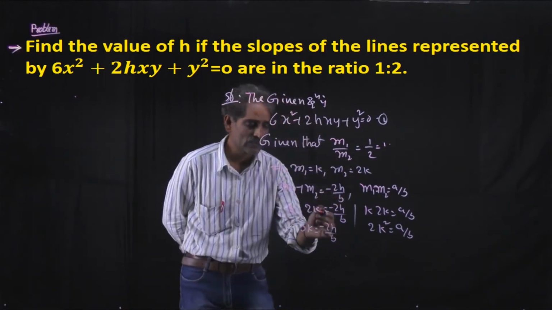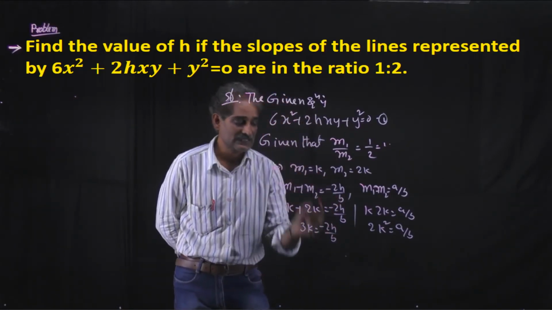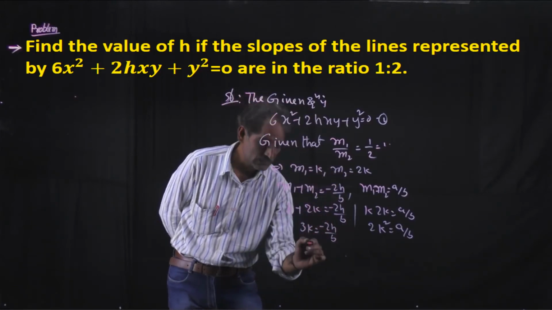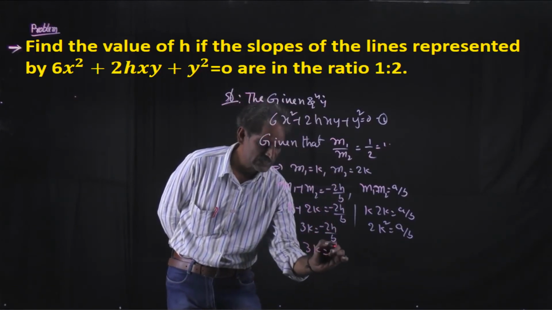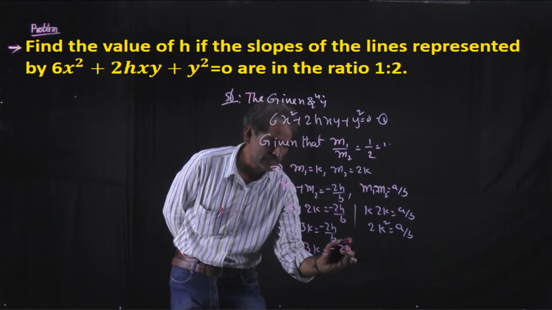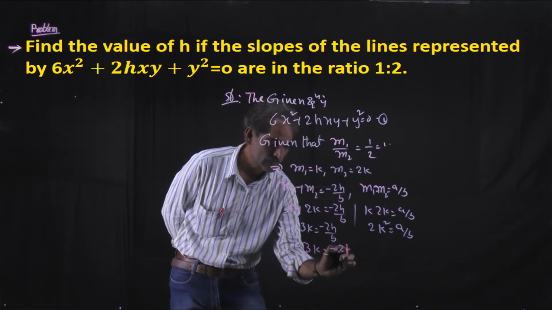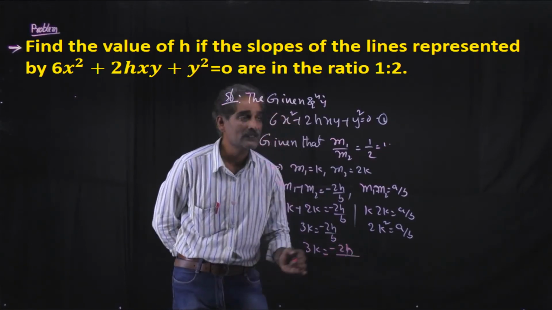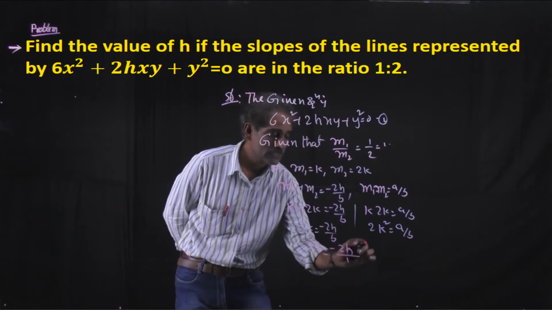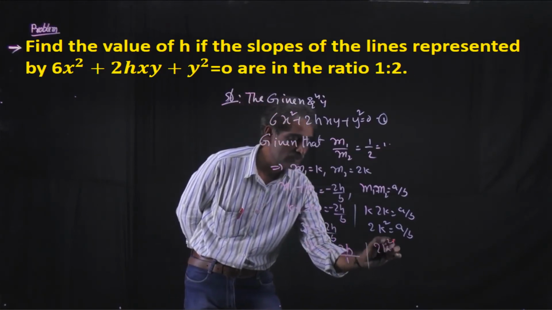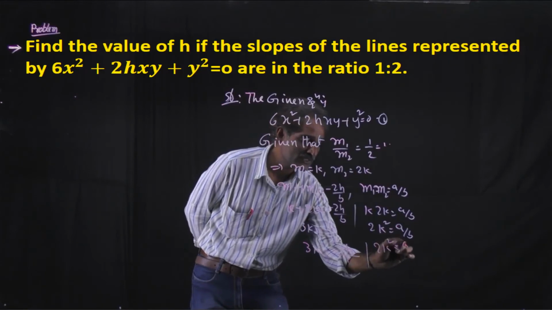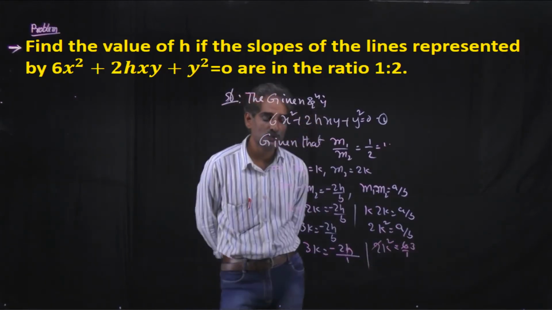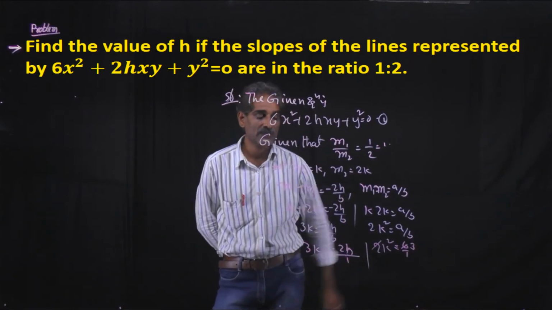So now write down the values a is 6 and b is 1. That means 3k is equal to minus 2h by b, where the value of b is 1, and 2k square is equal to a by b, that means 6 by 1. So k square is equal to 3, and 3k equal to minus 2h.